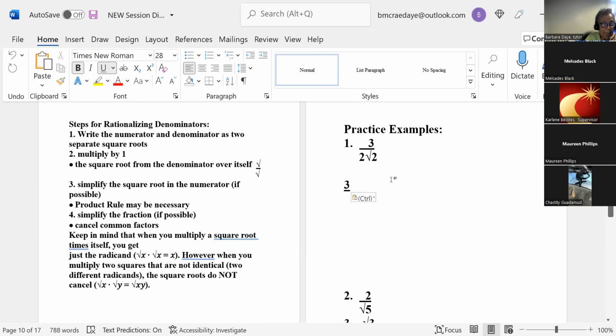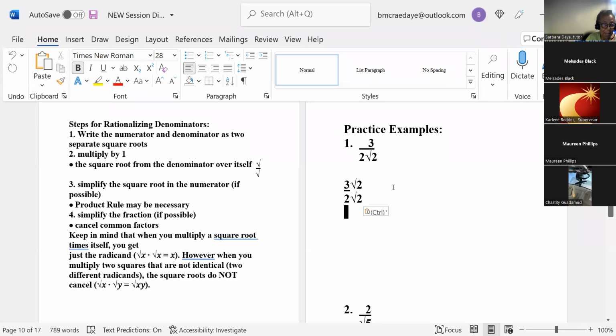All right, now I will multiply this by square root of 2 because that's what we want to rationalize this. Okay, so let's put 3 times square root of 2, right? And then I'll take this 2 times square root of 2, put it here, okay?